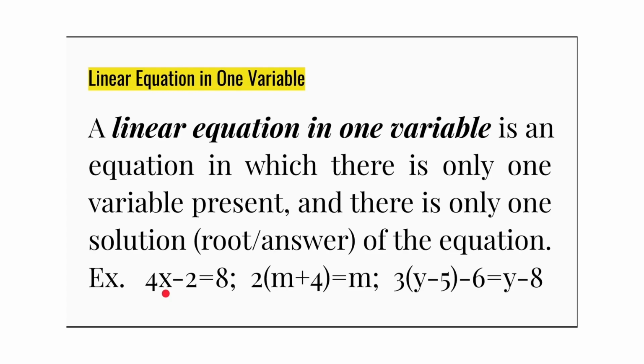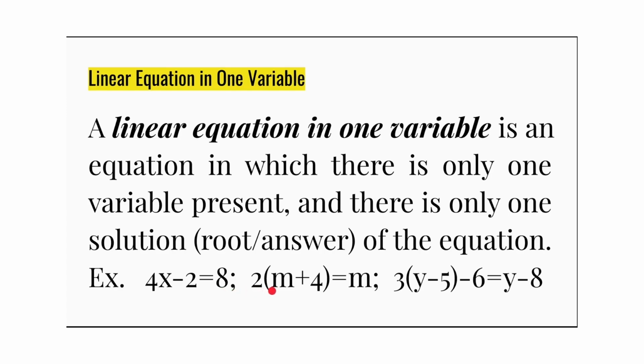Now, what value should we replace x so that if it's multiplied to 4 and subtracted by 2, it is equal to 8? If you're going to think it further, it's going to be just one number. And the answer to that, or the process of finding the answer to that, will be in our next discussions.